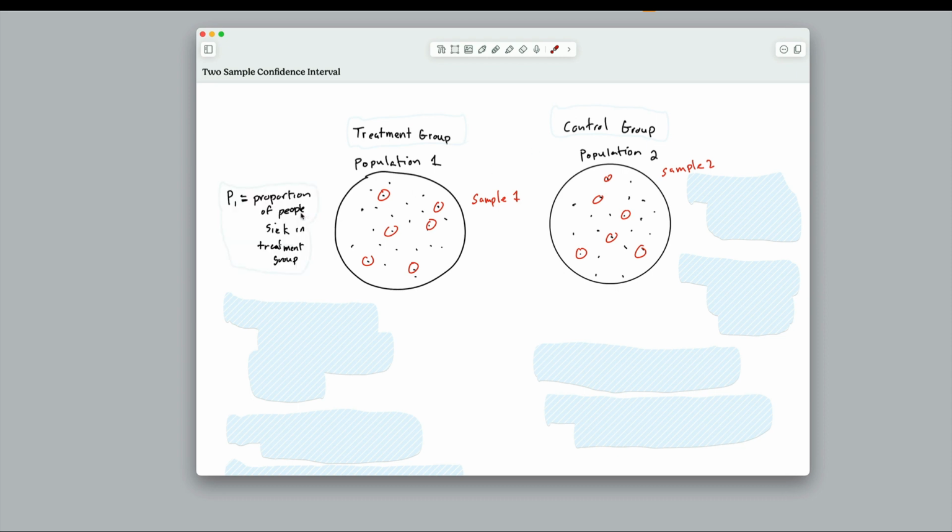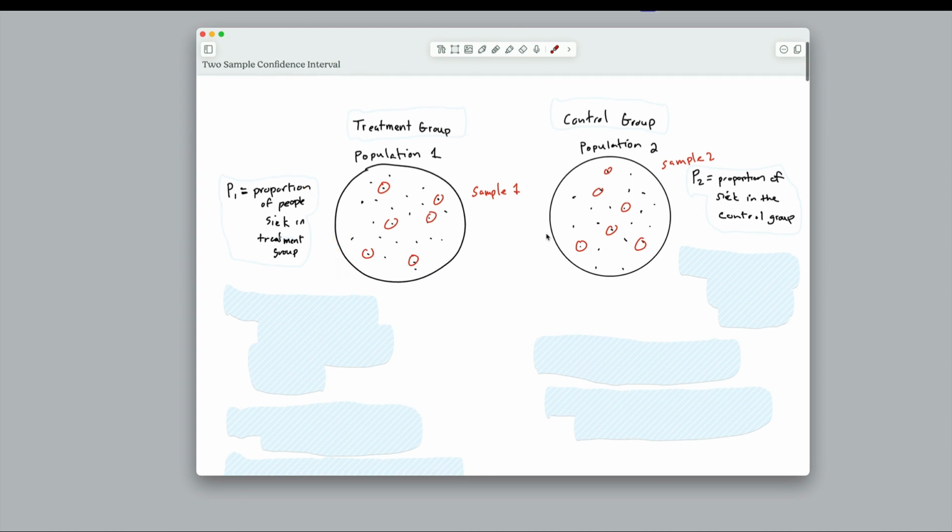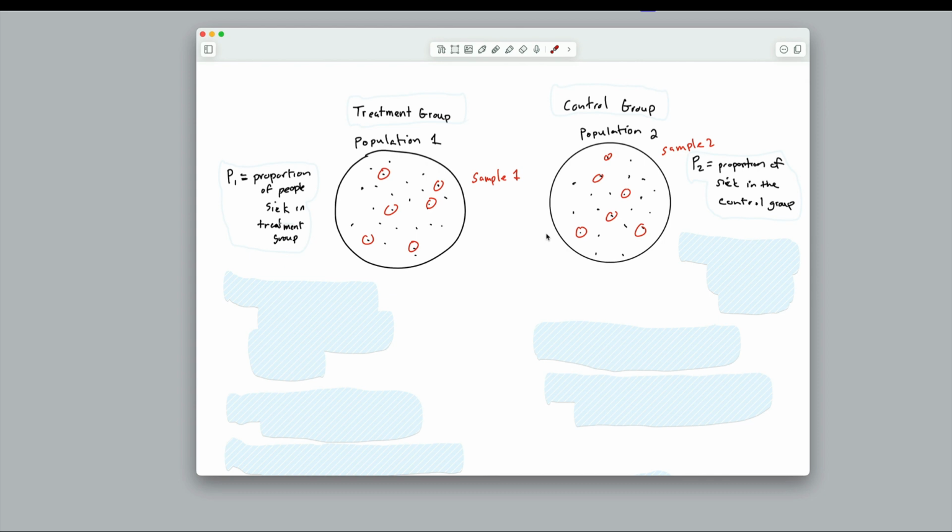So P1 here is the proportion of all sick people in the treatment group, right? And then P2 here would be the proportion of sick people in the control group. That's what we really want to know. We want to know these proportions after, say, 1 week after the experiment's taking place.